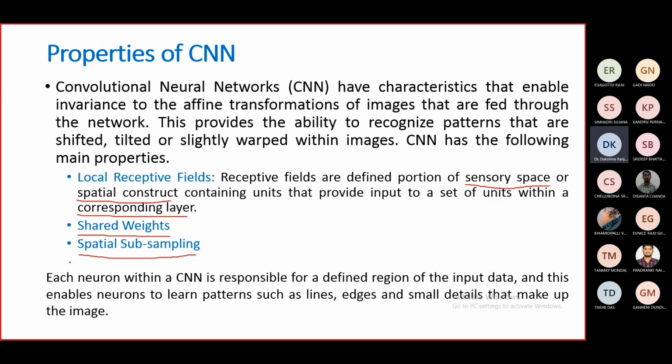Now here, each neuron in CNN is responsible for a defined region of the input data. If we consider each neuron corresponds to a pixel in the spatial region of the input image, then each pixel within a CNN or convolved image or feature map is responsible for a defined region of the input data.